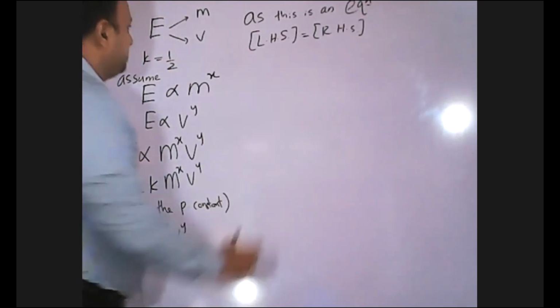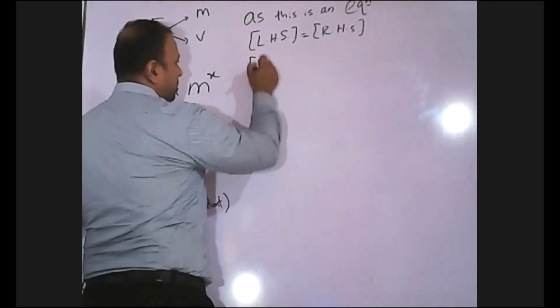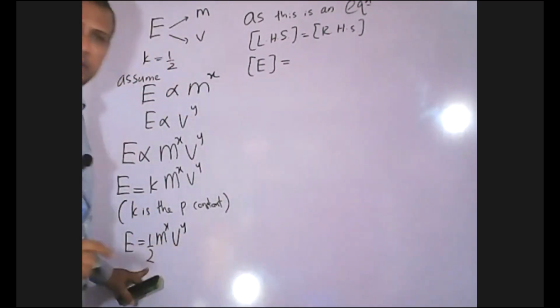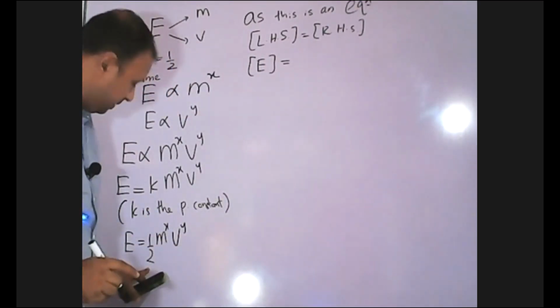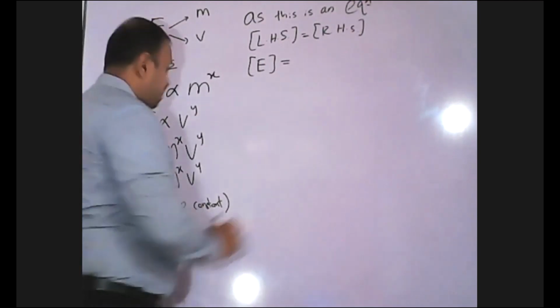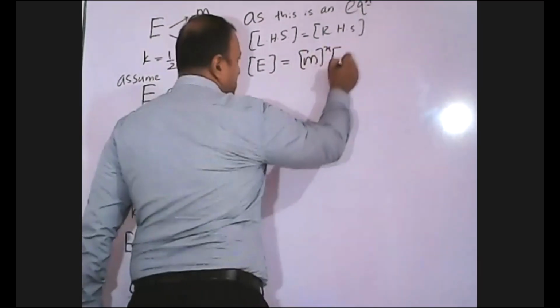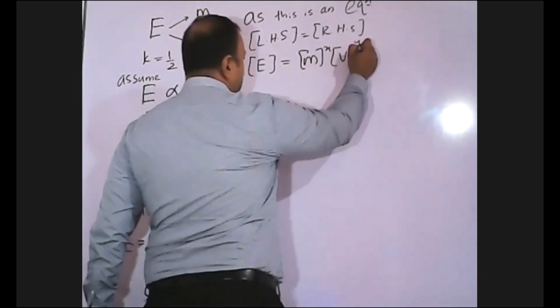The dimension of LHS is the dimension of E, and on the RHS we don't want to consider half because half is a number. So the dimension of M to the power X, the dimension of V to the power Y.